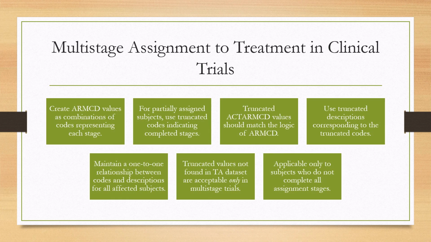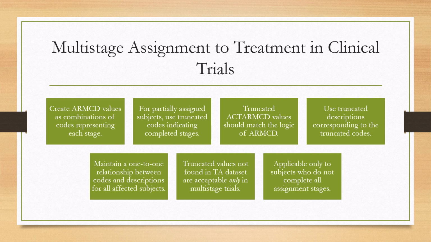The best practice for these types of scenarios is that we should create the arm code values as a combination of codes representing each stage. For partially assigned subjects, that is the subjects who have not gone through the complete exposure of the different drugs, use truncated codes indicating the completed stage.